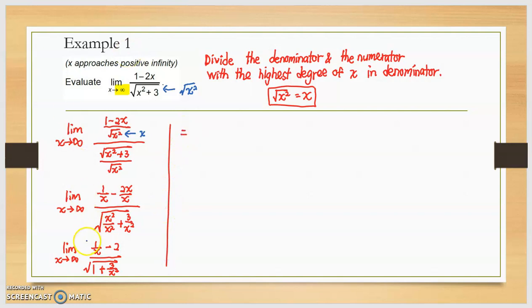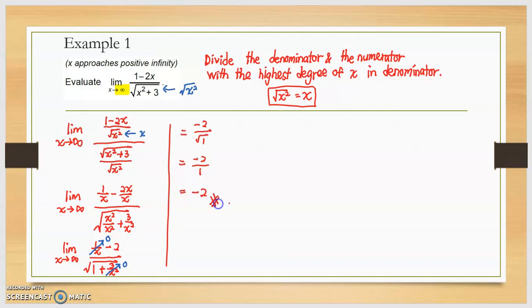As we learned before, any value divided by infinity will become 0. Same as this one, 3 over infinity squared is 0. So we have negative 2 over the square root of 1. The square root of 1 is 1, so the answer is negative 2.